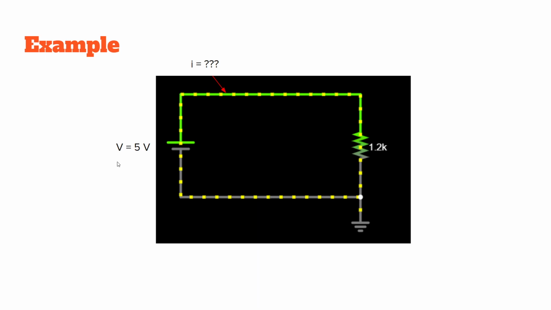We can just divide V by 1.2K, and that'll give us an answer for I. So that should be, I believe, 4.183. I had this written down. I should know it. But one thing we can do, instead of all that, is go check it.